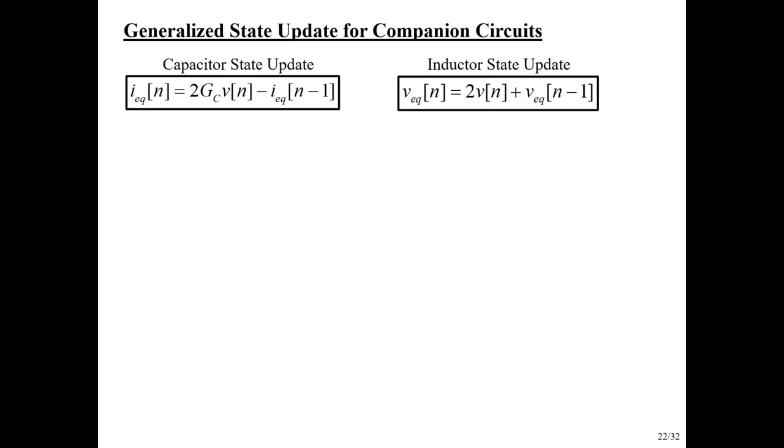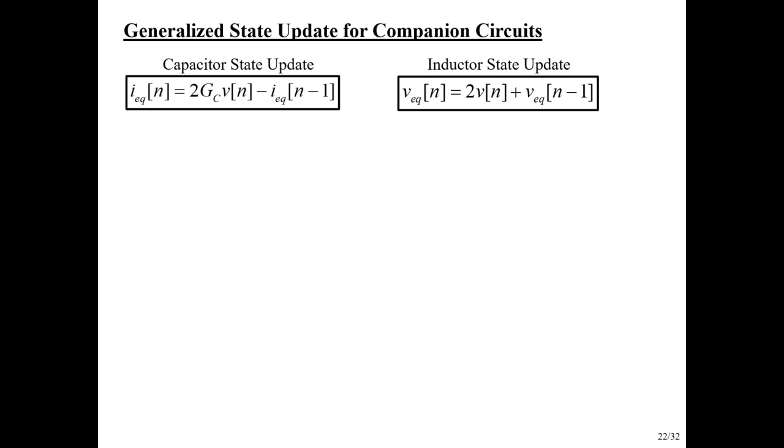So here are our two different state updates. Let's see if there's some similarity so that we can just write a single generalized form for this, and then group all of our capacitor and inductor updates into one matrix form.